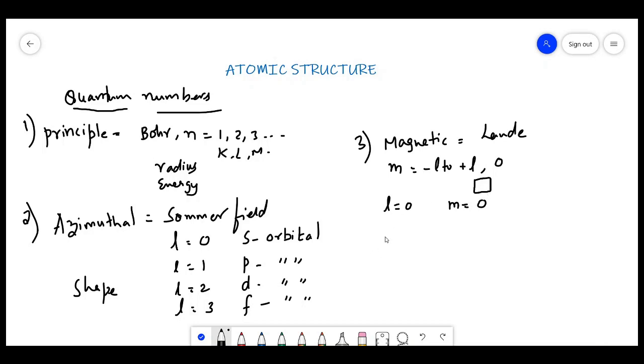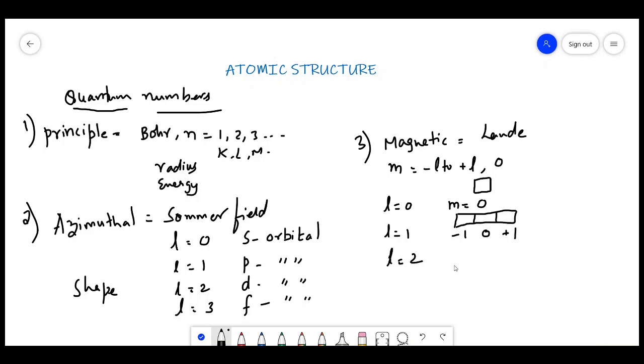Next, if L is equal to 1, then we get M values as minus 1, 0, and plus 1. So if you take the number of boxes in the p orbital, you get 3: px, py, and pz. And if L is equal to 2, then the values will be minus 2, minus 1, 0, plus 1, and plus 2.